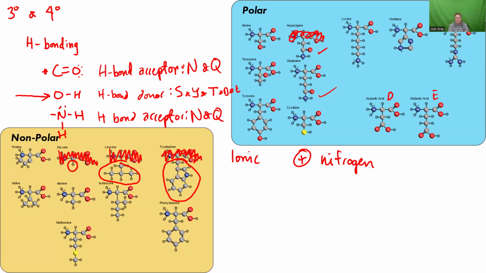So go ahead and add the single letter codes for amino acids that you see as being good candidates for ionic bonding.